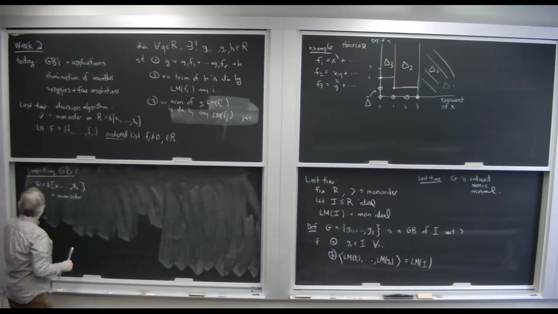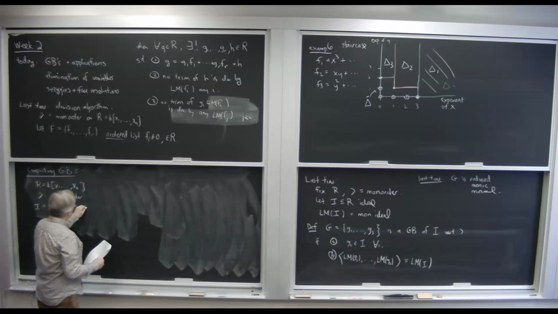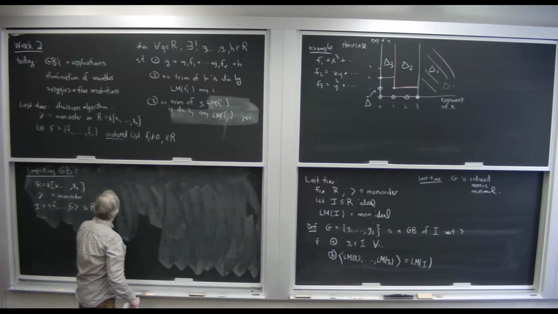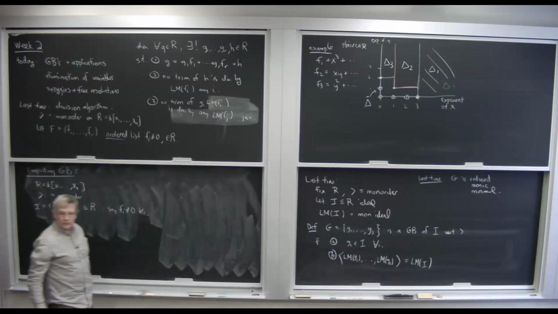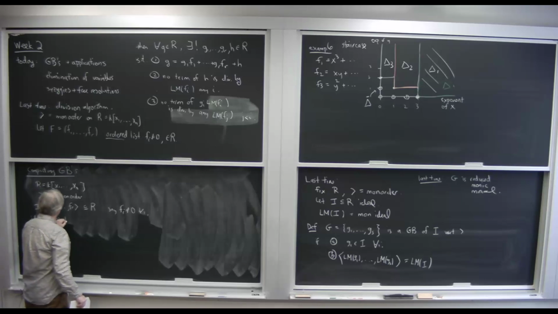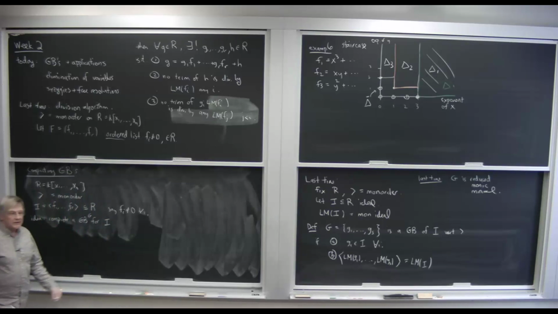And let's say I is equal to a bunch of elements F1 to FR. This is an ideal inside of R. And say all the FIs are not equal to 0, just so we don't have to worry about that. Okay. So the idea is how to compute a Groebner basis for I. And actually, let's give it a name. We'll call it G.